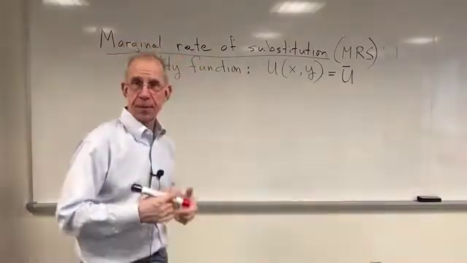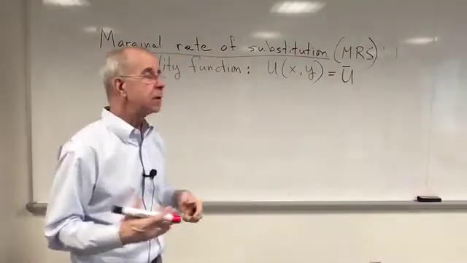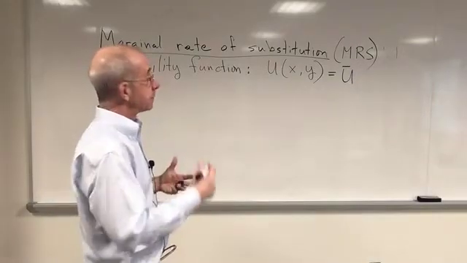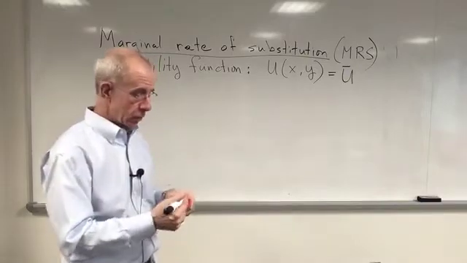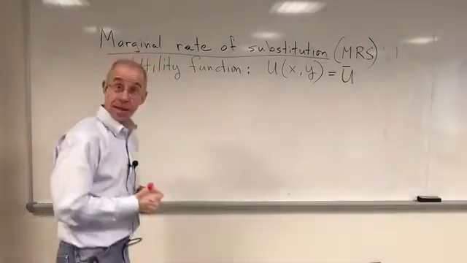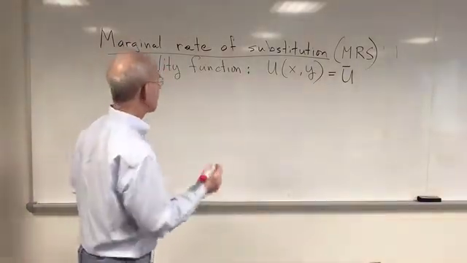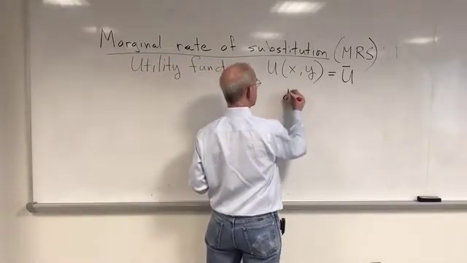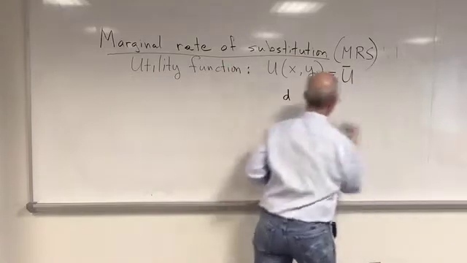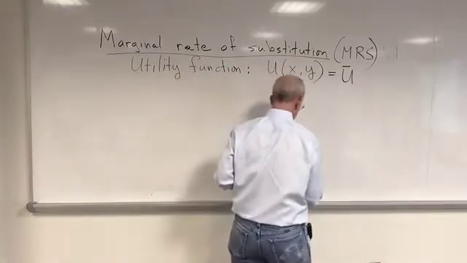So do just a little bit of algebra here, and then depict it on a graph, and then relate it also to demand curves. So let's imagine that we're looking at how utility might change.